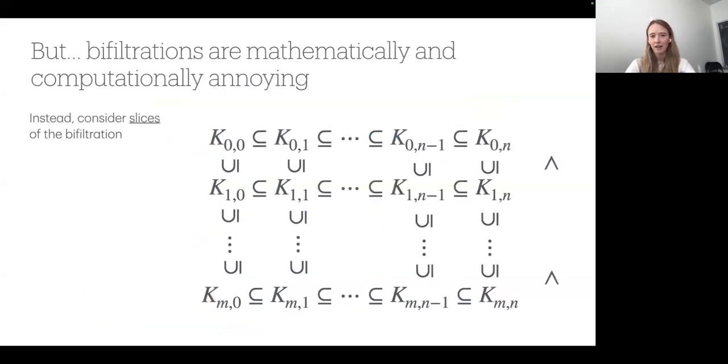But these are really hard to work with mathematically. So in single parameter persistent homology, what we've been talking about before, the persistence diagrams are a complete representation of what the topological shape is. There is no equivalent for multi-parameter persistence. You can't have a bifiltration and then output some equivalent to a persistence diagram.